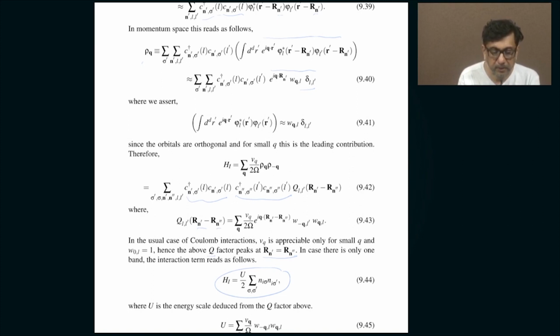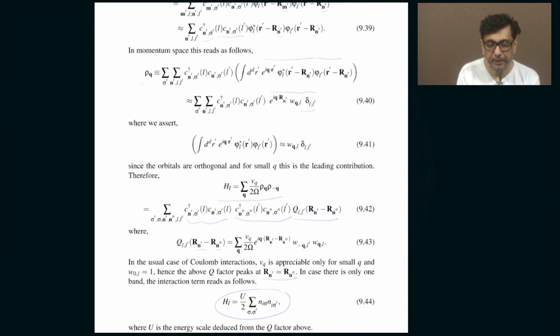So, if you accept that sort of a progression of ideas, then you can easily convince yourself that the interaction between electrons, the Coulomb potential energy for example, can be rewritten in terms of a certain integral. So, that means it can be re-expressed in terms of an integral over the orbitals.